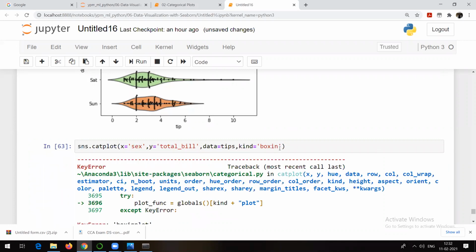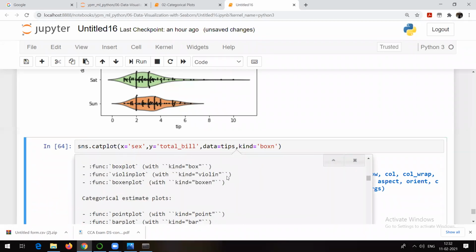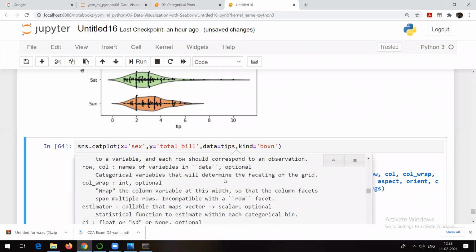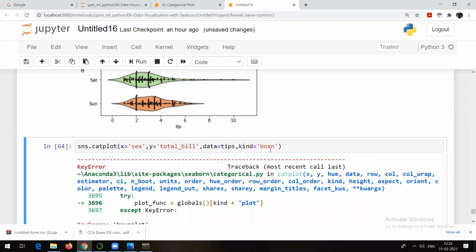Let me try it out with boxen. Let me check, Shift Tab, go here. So let's see what the kind parameter is. Okay, it was boxen, just a spelling mistake.